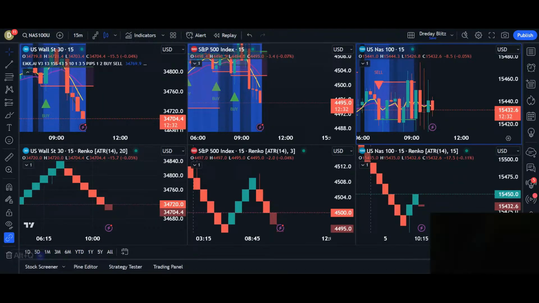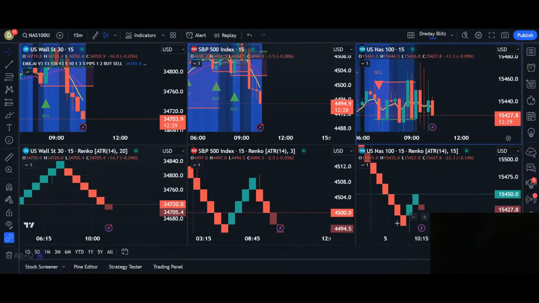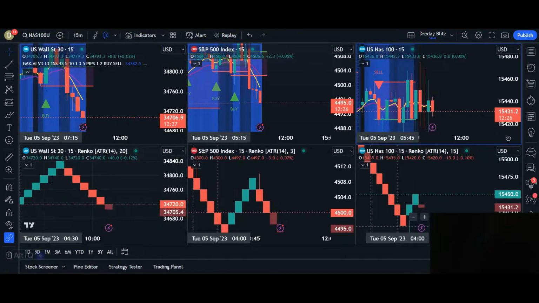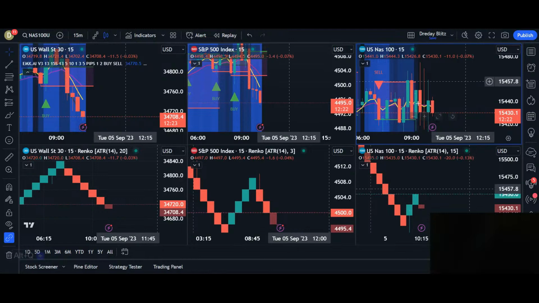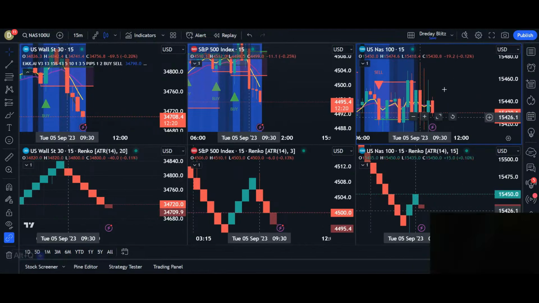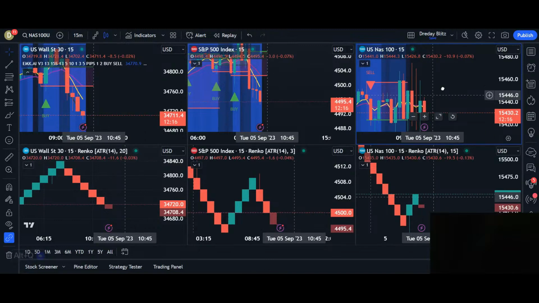And in regards to NAS 100, as you could see, based on the well setup, the well is really the color scheme in the back. It's confirming that there's not a lot of volume coming in right now on NAS 100. So that's why it's ranging.